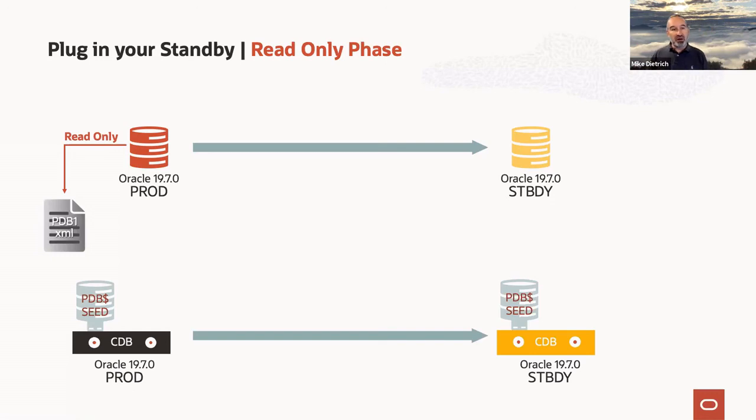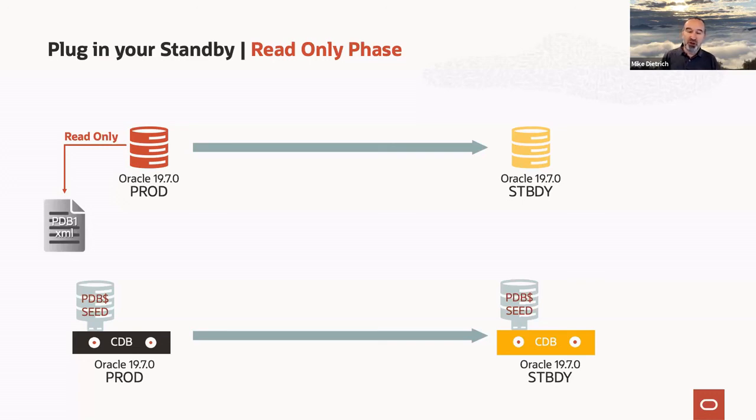Now in the read-only phase, I create this XML file. And once I have the XML file, I need to do something in addition because I'm in ASM here, and this introduces a new thing. When I'm on a file system, I can create my standby exactly from the file system layout as it is in production. But when I'm in ASM, I have Oracle Managed Files.